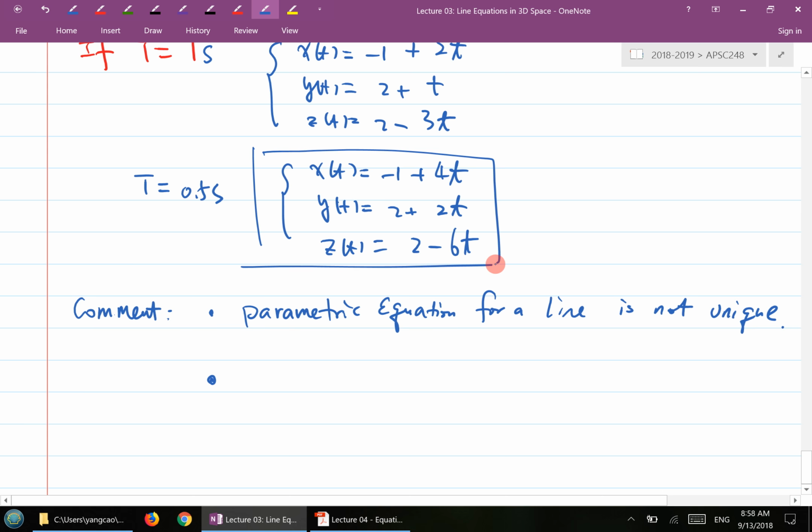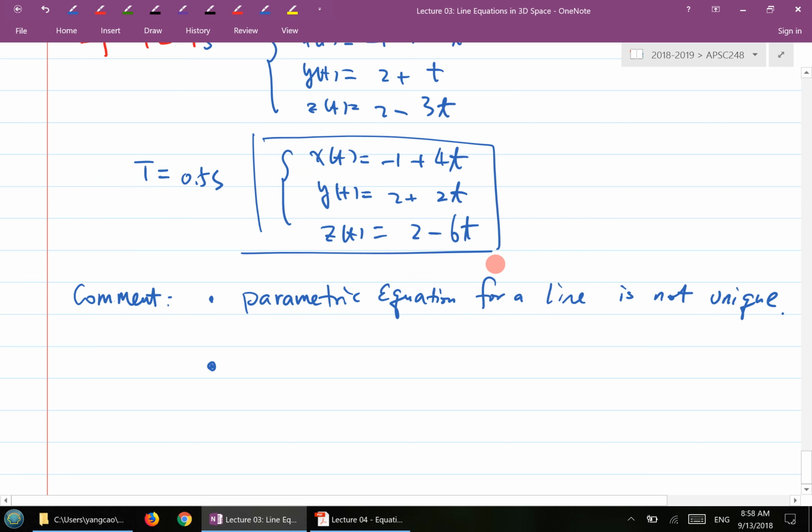So what I'm trying to say here is about this parameter t. The parameter t is not necessarily a time quantity, but it's definitely a mathematical quantity.